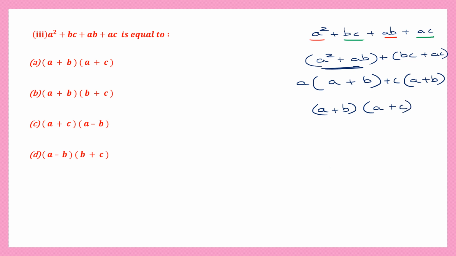So now we have factorized this expression into a plus b into a plus c. If you multiply these two binomials, you will get this back. So we have the factors of a square plus bc plus ab plus ac, and that is a plus b into a plus c, and which is the answer? a plus b into a plus c. This is our answer, the first option.